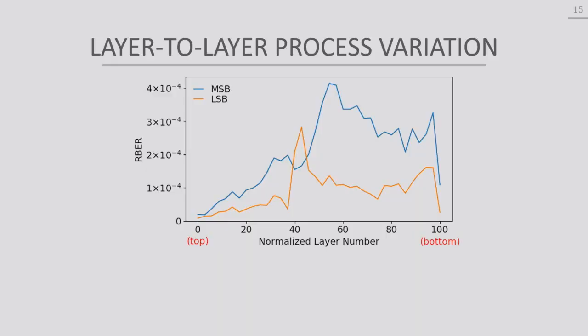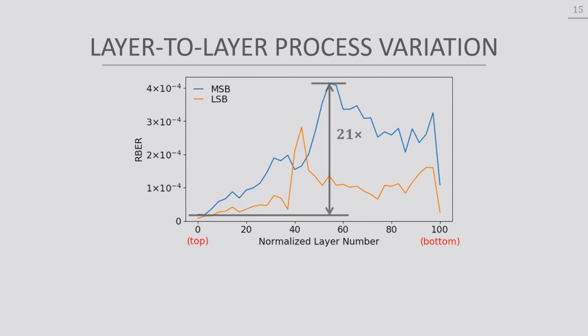So this is the real characterization of the layer-to-layer process variation. On the x-axis is the normalized layer number from top to bottom, and the y-axis is the raw bit error rate. As I mentioned, there are 2 types of pages in the MLC flash chips, and we look at their raw bit error rate separately. We make 4 major observations from this figure.